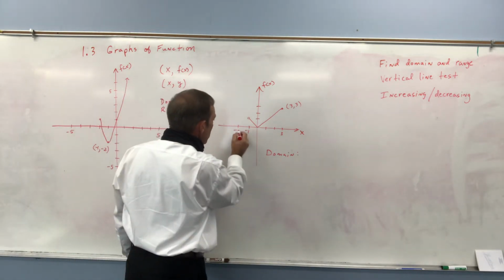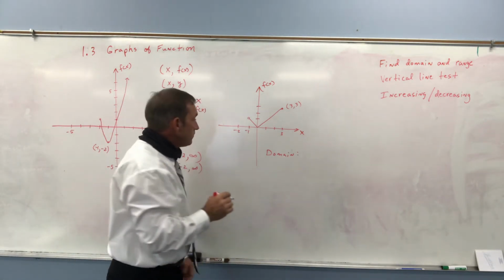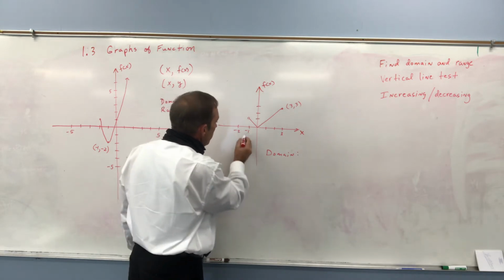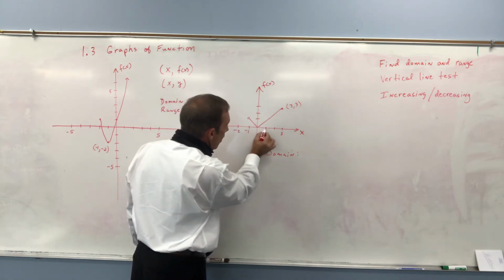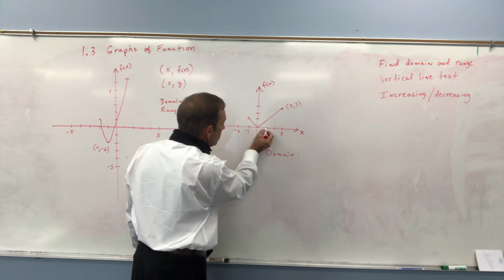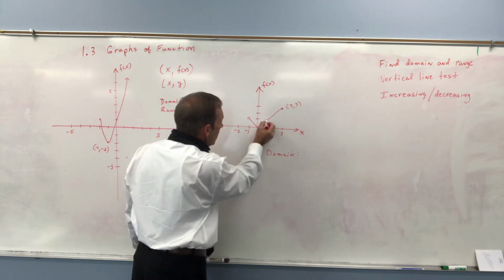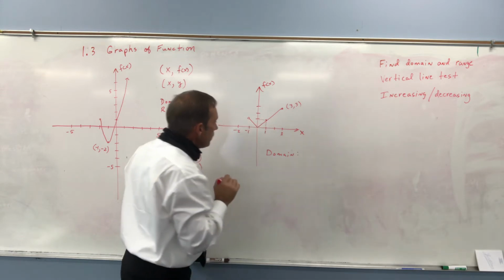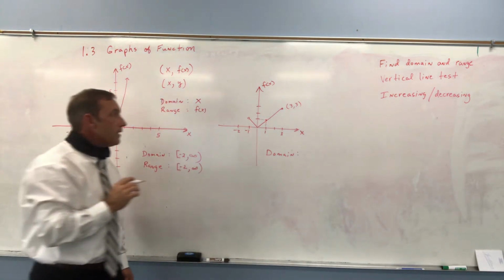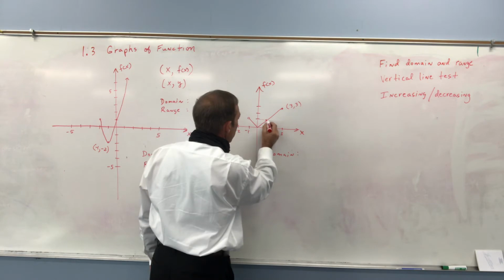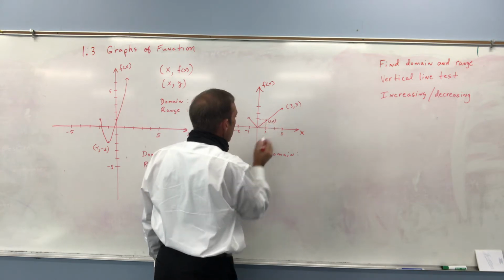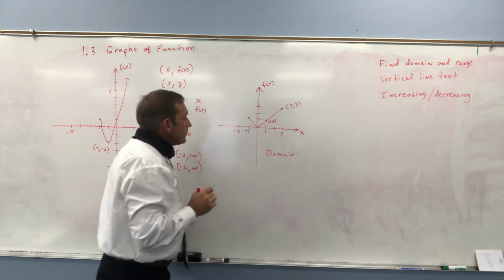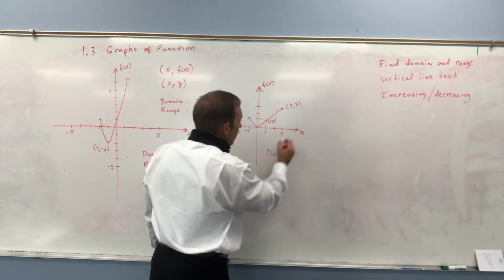What about -2? Is it used? No. What about 1? Is it used? Yes, because notice that 1 hits the graph and it is associated with a y value of 1. In other words, that's the point 1, 1. What about 4?